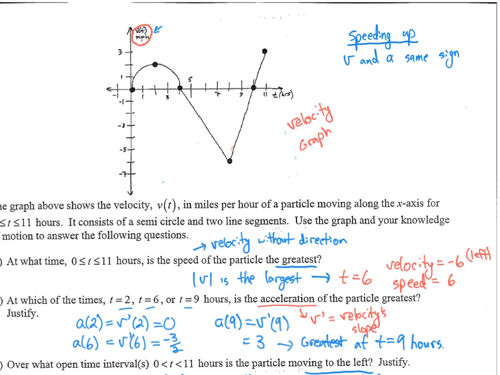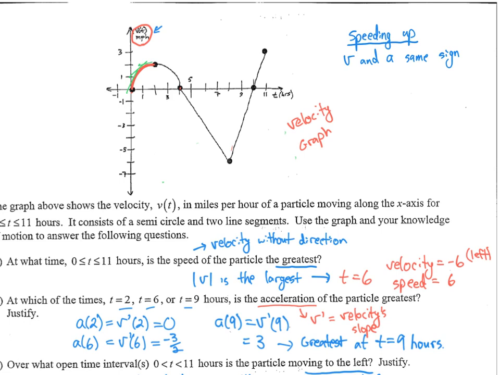Okay. So I see that from 0 to 4, the velocity is positive, but only on a certain part of it is the velocity positive and the acceleration positive. That's this part right here. So for that particular interval, we see that the velocity is positive because we're living up here in positive space. And the acceleration is also positive because we see positive slopes over that interval.